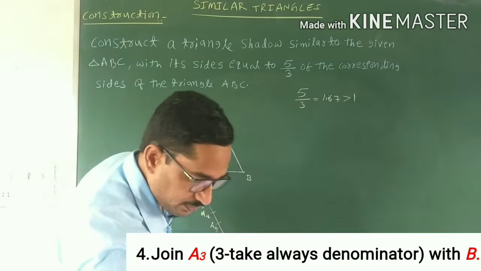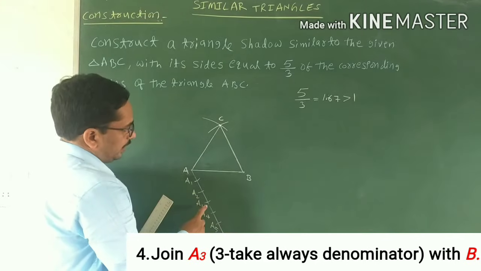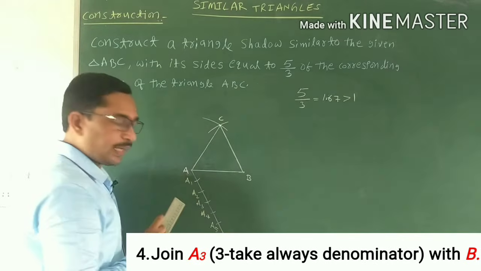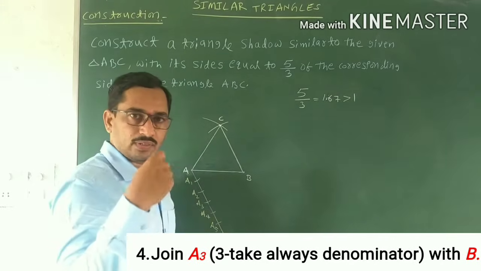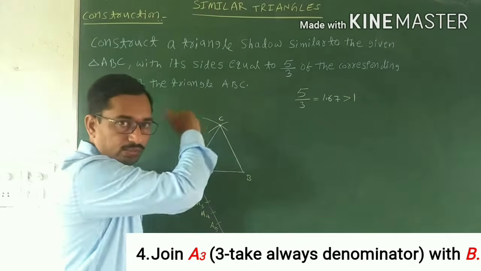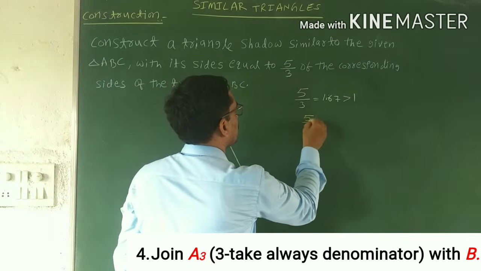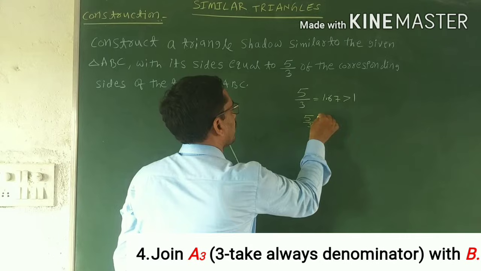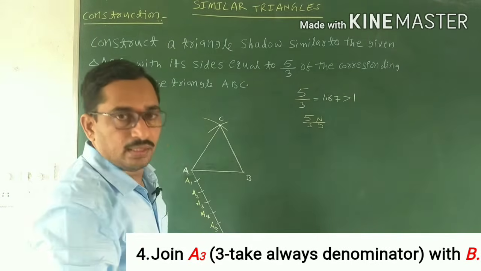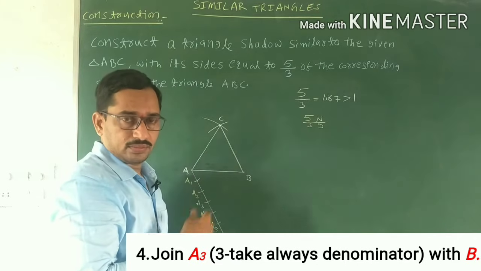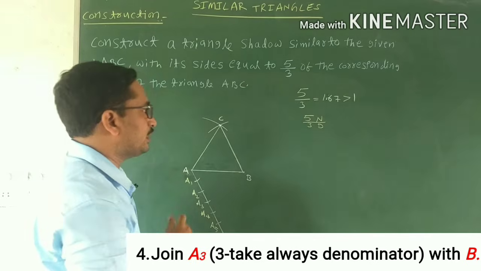Next, join A3 with B. Why am I taking A3 with B? Here I explain a simple trick, useful for all problems of this model. In the given ratio 5/3, the numerator is N and the denominator is D. In the order of the alphabet, D comes first, then N. So always take the denominator.